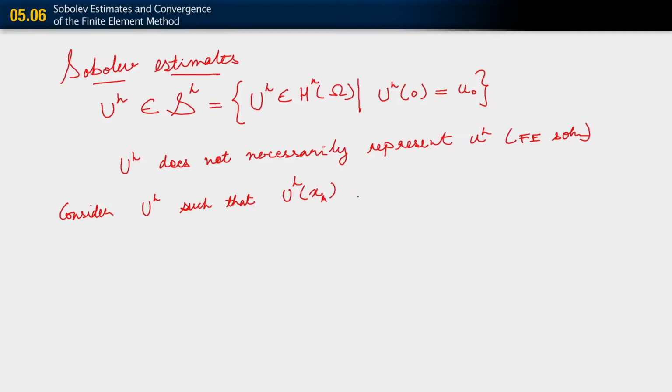Okay, so UH at x sub a equals little UH at x sub a, right? Okay, but if a here just denotes our global numbering of degrees of freedom, then this, remember, using our finite element vector notation, is just the degree of freedom d sub a.